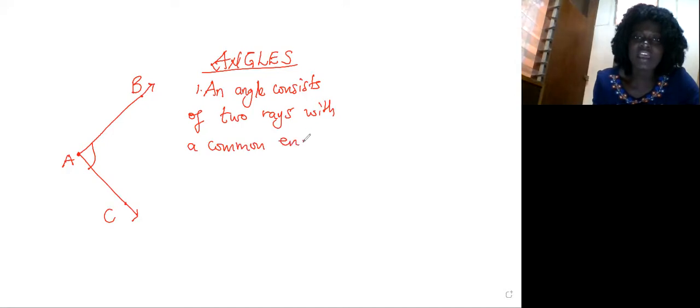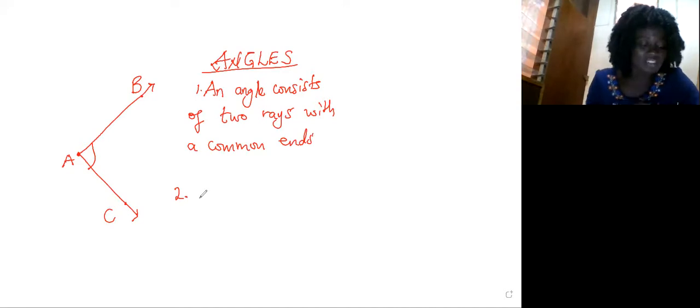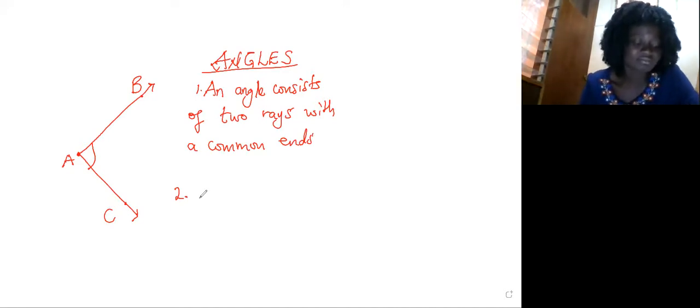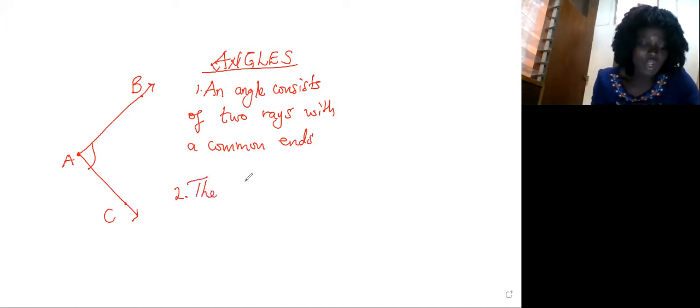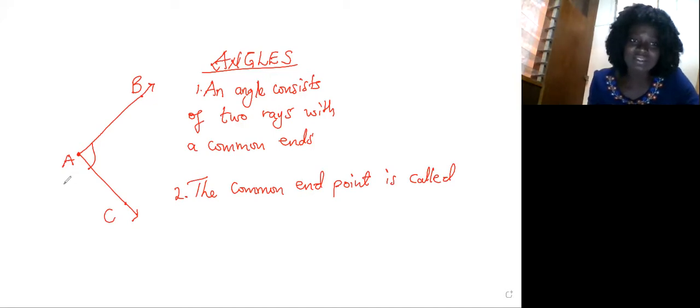Okay, so that's the first feature I can see. What again can you see? Yes? Okay, we can also say that the common endpoint is called, how do you call this one?